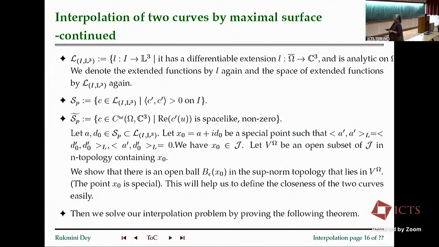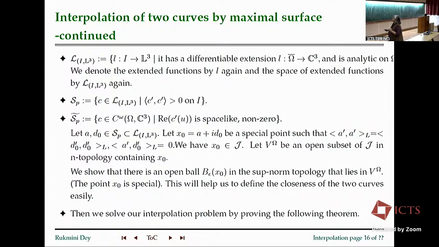So, A and D0. I have fixed a D0. That is another thing. D0 is a fixed quantity. Around that neighborhood, I'm going to find a maximal surface. So A plus I D0 is my fixed point to start the inverse function theorem, right? So A prime L equals this. So this A plus I D0 is what is called L isotropic. That means this is the conformality condition, right?